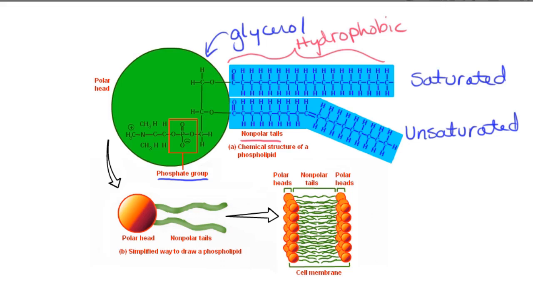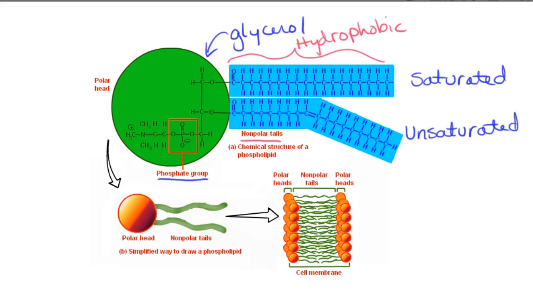But then when we look over here at what's shaded in green, this has lots of polar covalent bonds, because there's so much oxygen and so much nitrogen in there. And so we end up with this molecule that really has 2 different sides to it. We have one side that is pretty polar or hydrophilic. It likes to interact with water. And that's what we tend to call the head of the molecule, or the head group. And then we have the part that's shown in blue, which we tend to call the tails. And that's the hydrophobic non-polar part.